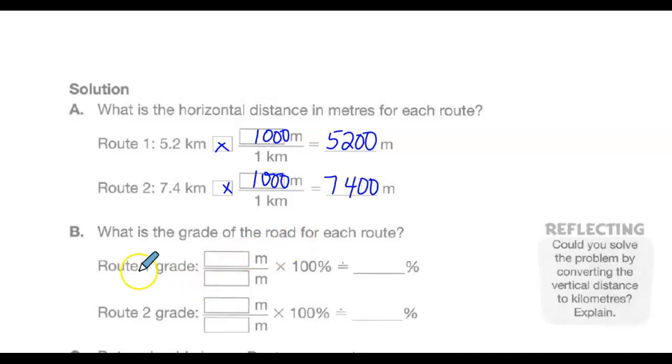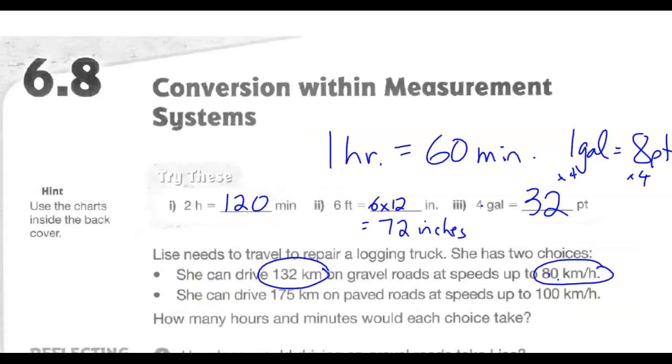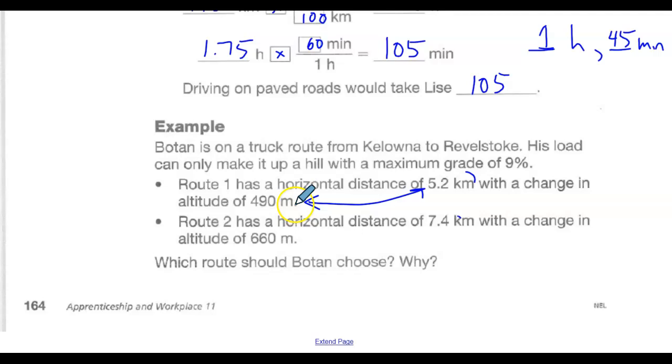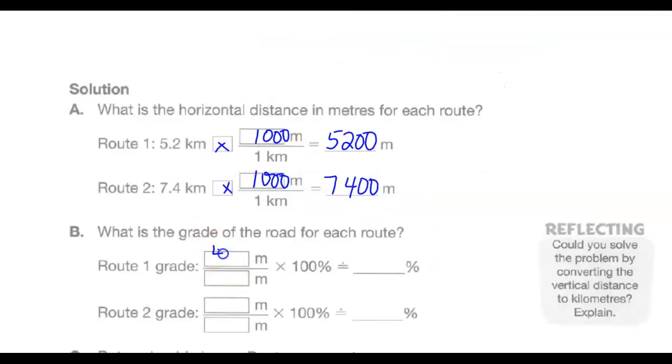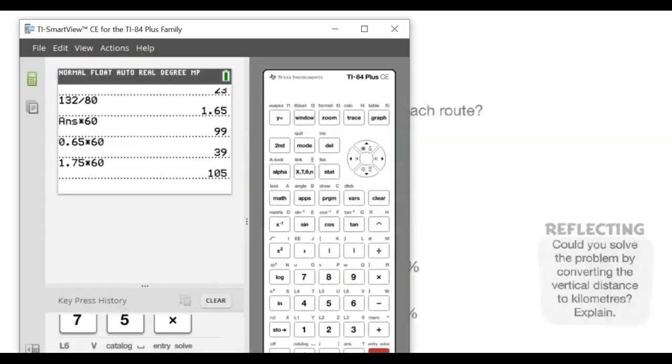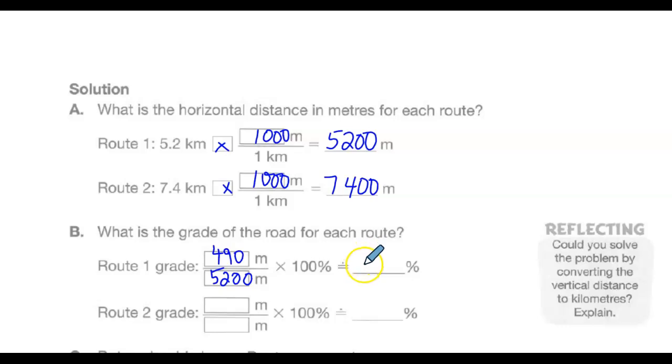So the grade for the first one, got to go back and check what's the vertical. First one was 490 for the rise over the run, and then times by 100. So 490 divided by 5,200 times by 100 is 9.42. We'll go 9.42%, right?